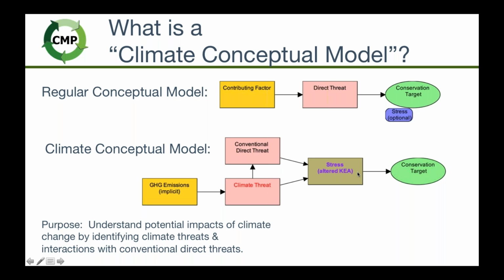In climate conceptual models, we want to understand the potential impacts of climate change by identifying climate threats and interactions with conventional direct threats.